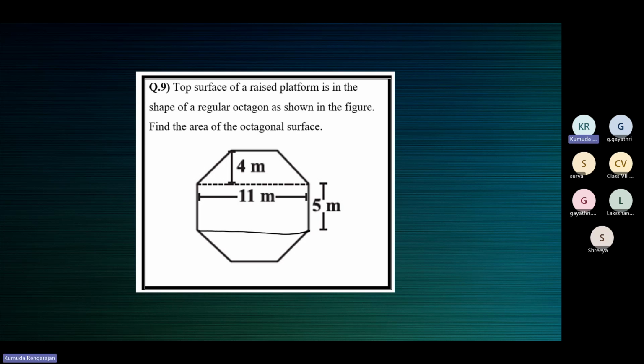So you should divide this whole figure into triangles and quadrilaterals by connecting some vertices. So let's join these two vertices. This way we are dividing the whole figure into 3 plane figures: 1, 2, 3.